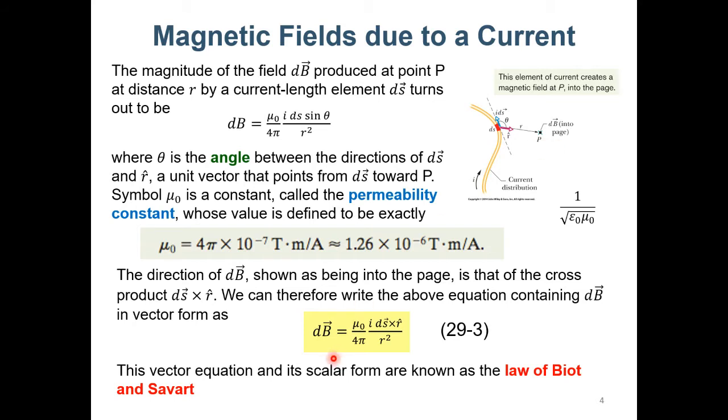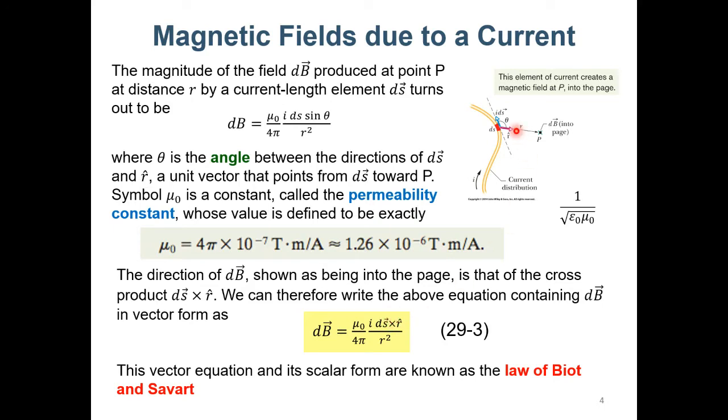But dB only considers this small part, because the direction to that point is usually not constant. Even if the wire is straight, ds cross r will not be a constant.